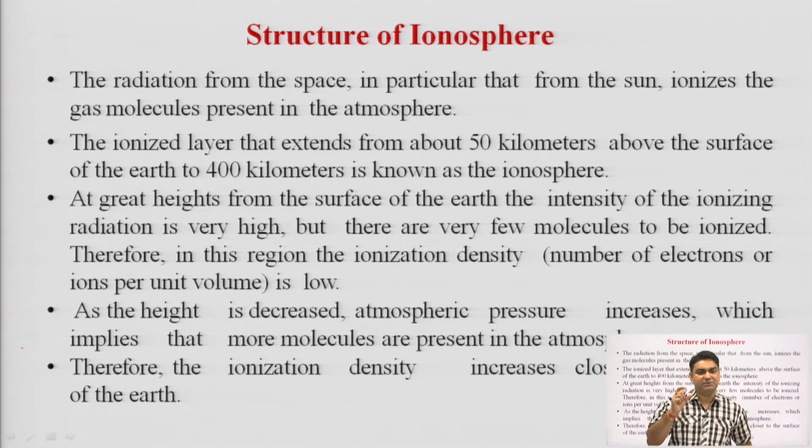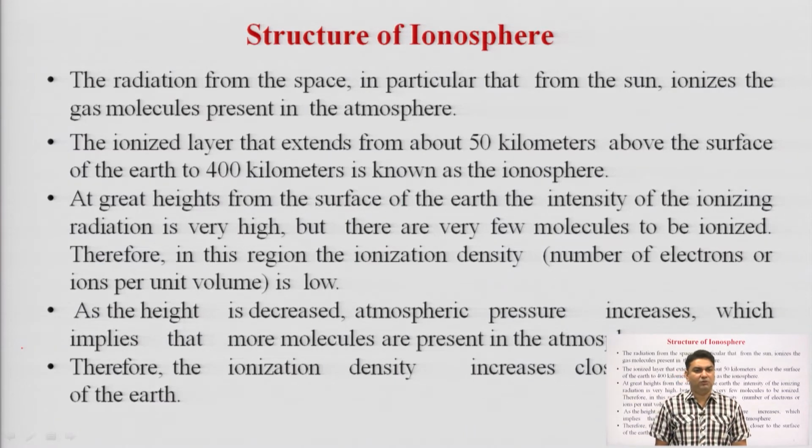This is a very specific radio band in the electromagnetic spectrum which utilizes the mode of propagation known as sky wave propagation or ionospheric propagation. The next point is why this ionospheric propagation takes place only in the range of the ionosphere, from 50 kilometers to 400 kilometers from the earth's surface.